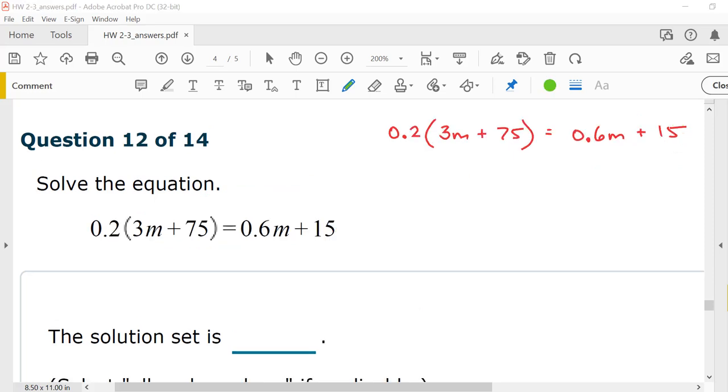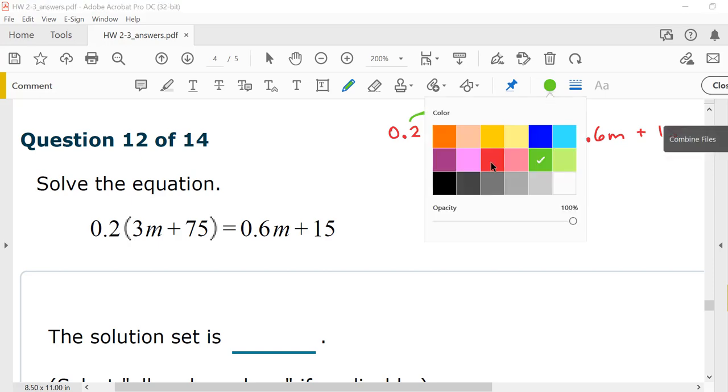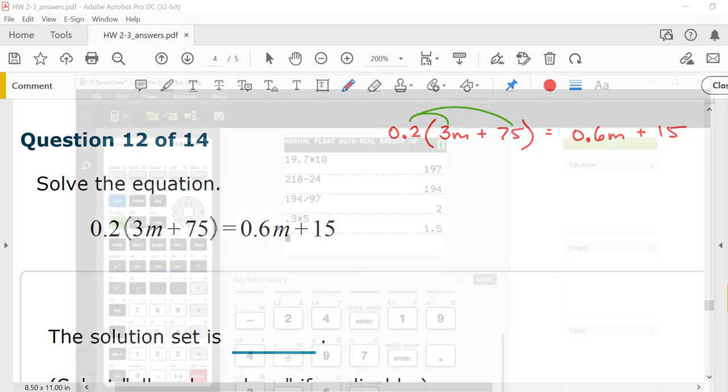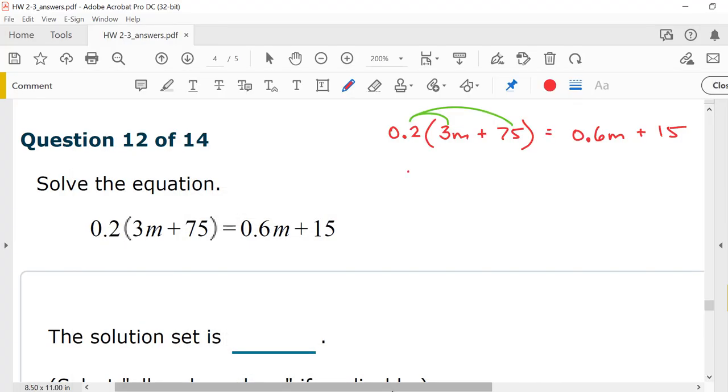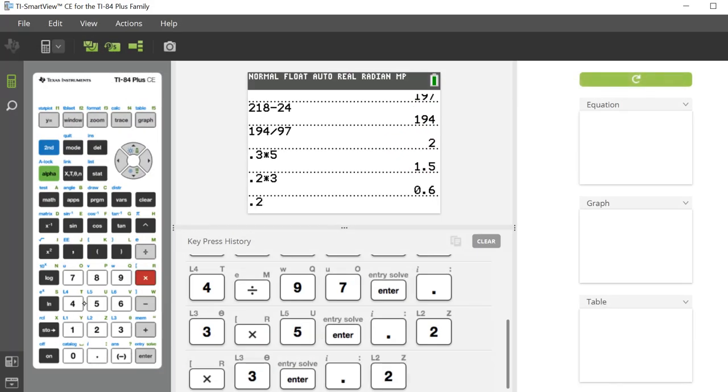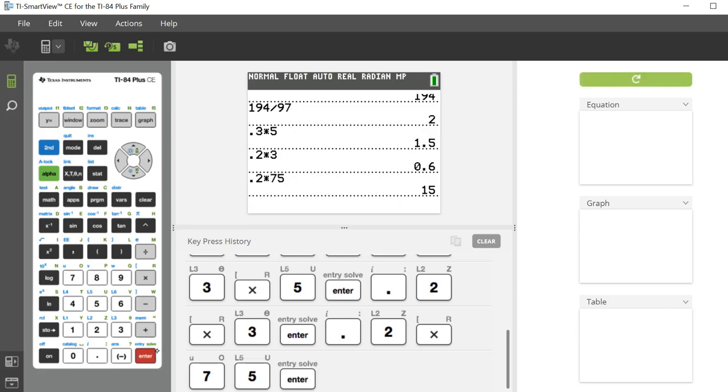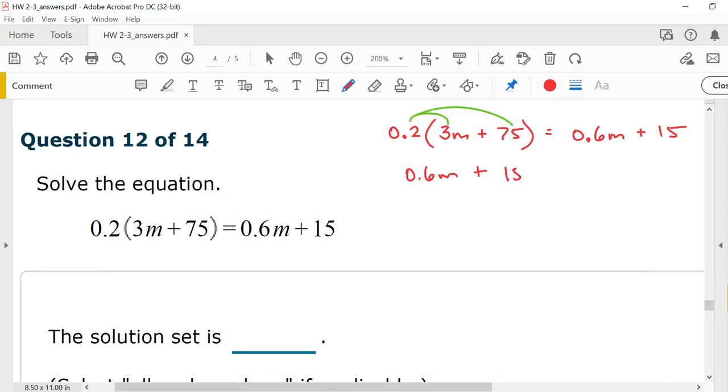Number 12, solve the equation. Before I get started, I don't like parentheses, so I'm going to go ahead and distribute. 0.2 times 3 is 0.6, so I get 0.6m plus 0.2 times 75 is 15. Oh, look again.